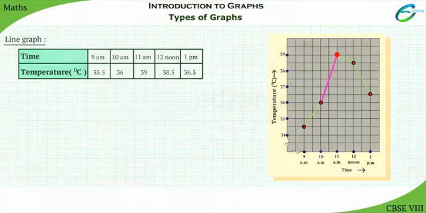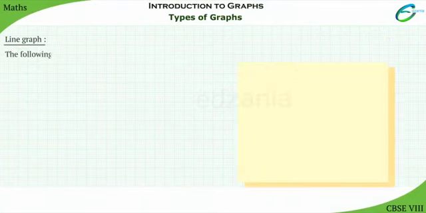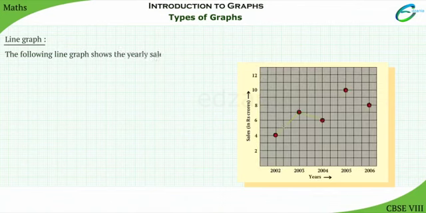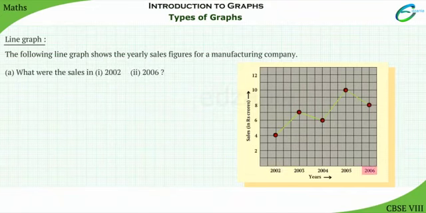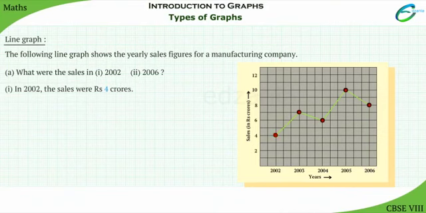Let's take another example. The following line graph shows the yearly sales figure for a manufacturing company. What were the sales in 2002 and 2006? In 2002, the sales were rupees 4 crores, and in 2006, the sales were rupees 8 crores.